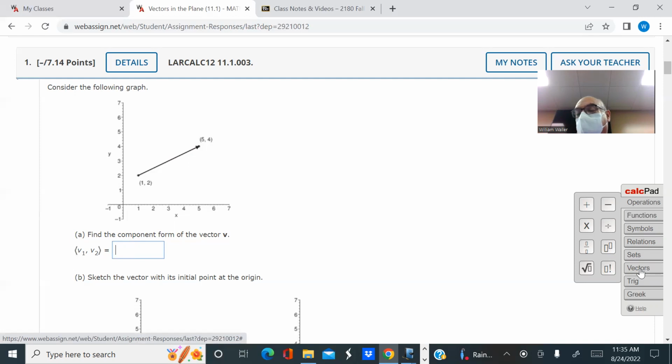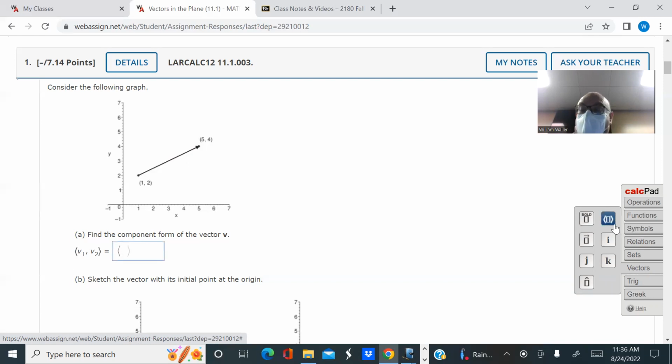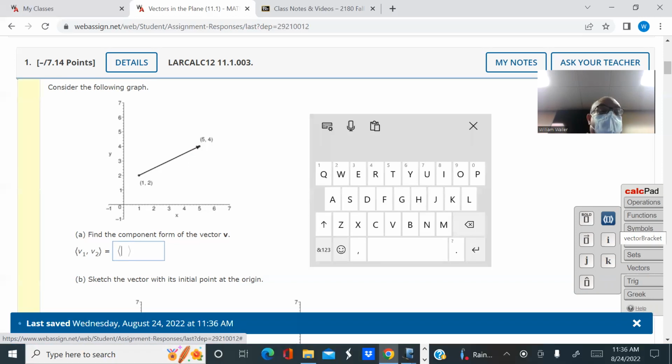So once you've positioned your cursor inside the answer box, then you'll get this math palette on the right hand side. And so choose vectors there, I think, and it will give you those pointy brackets. So let's see if that works. So yeah, there we go. Okay, so we can put in there what the answer is.